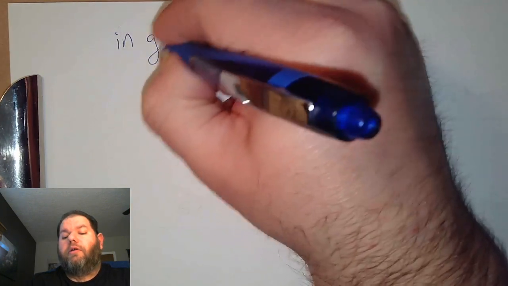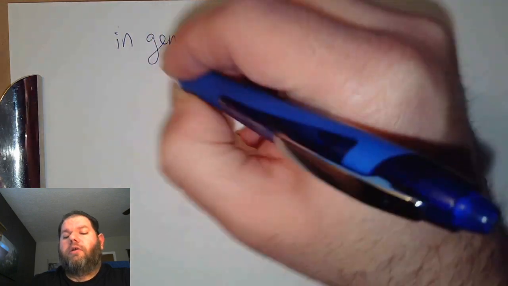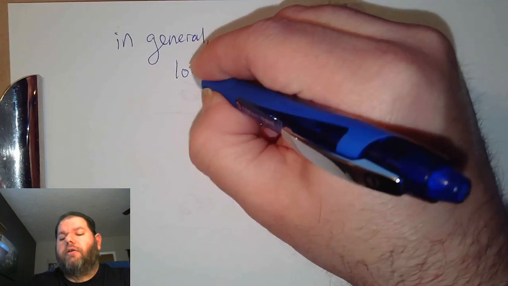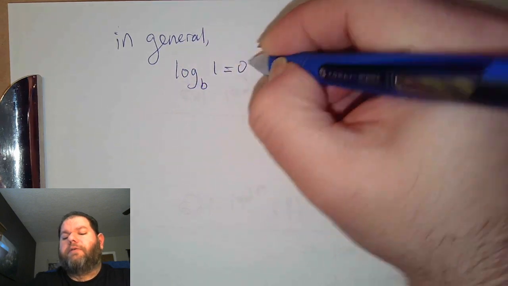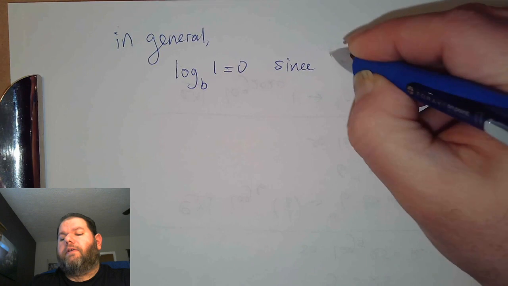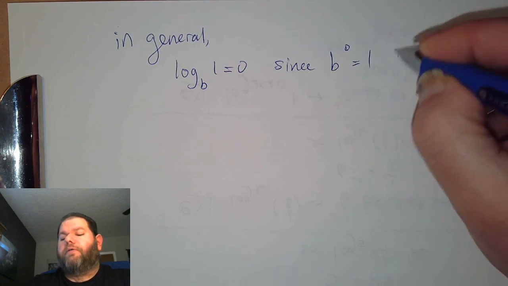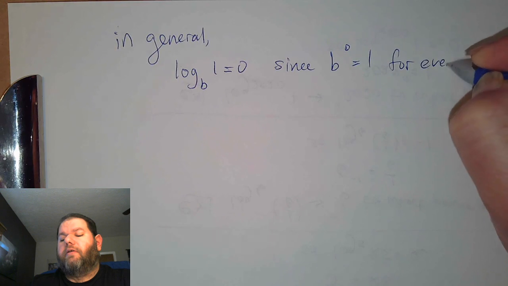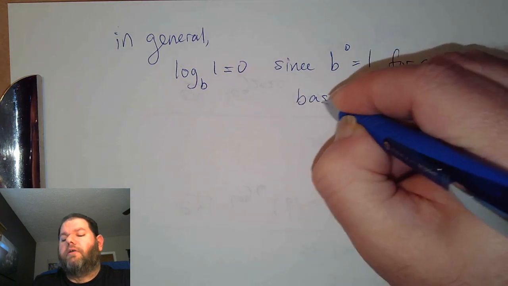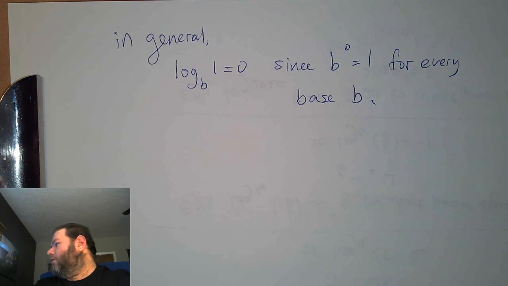So we can say in general, log base b of 1 is equal to 0, since b to the 0 is equal to 1 for every base b. So anytime we try to take the log of 1, it's equal to 0. It doesn't matter what the base is in that case.